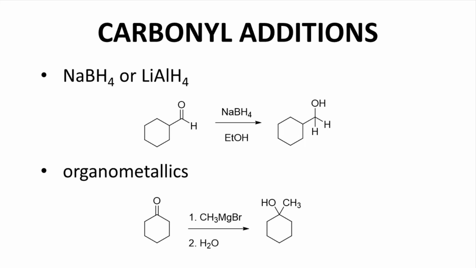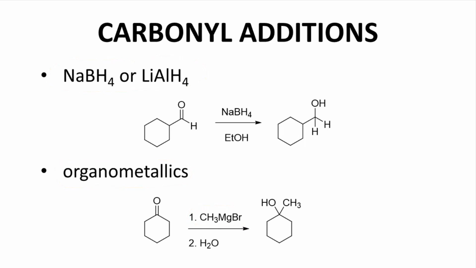Let's now switch to carbonyl additions, additions involving CO pi bonds. In contrast to the alkene additions, which typically are electrophilic additions, where an electrophile reacts with a pi bond, carbonyl additions tend to be nucleophilic additions. Nucleophiles react with a pi bond. The nucleophiles on this slide are hydride, from sodium borohydride or lithium aluminum hydride, and organometallics, like a Grignard reagent.